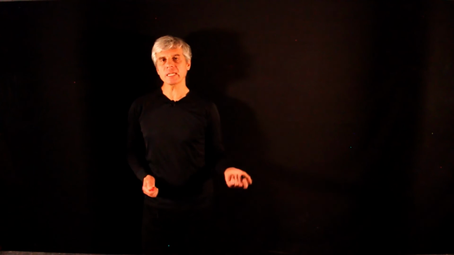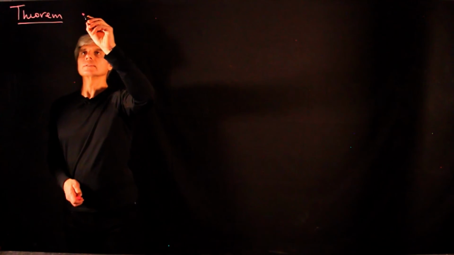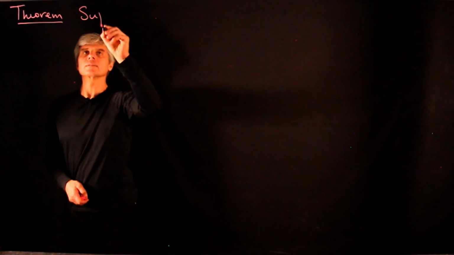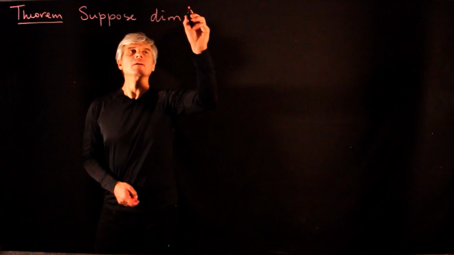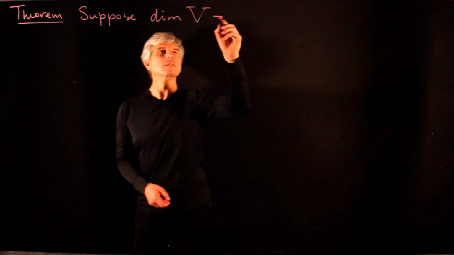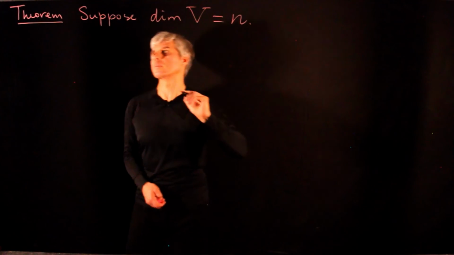And so the next theorem tells us that if we also know the dimension, then we can cut the amount of work in half. So, theorem: suppose the dimension of a vector space V is equal to n.